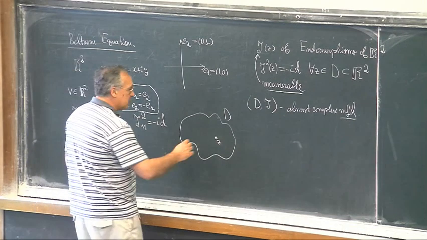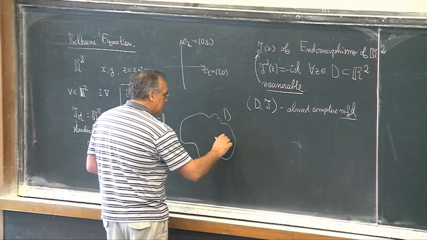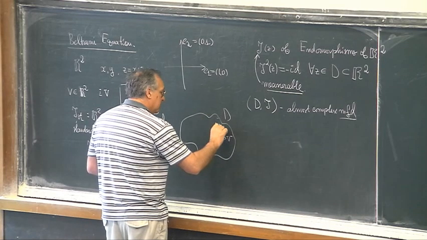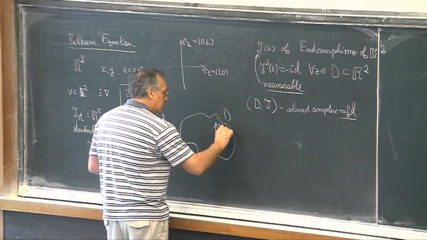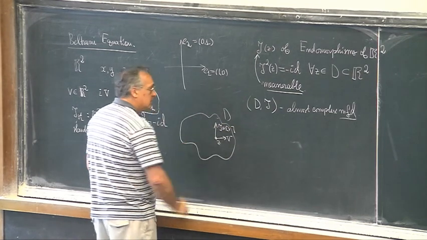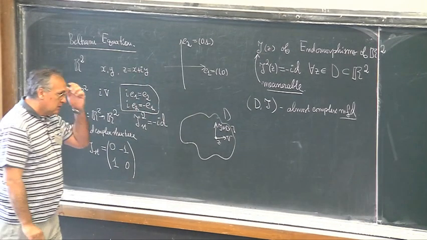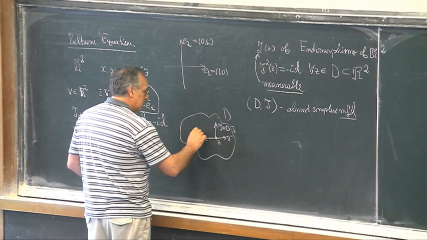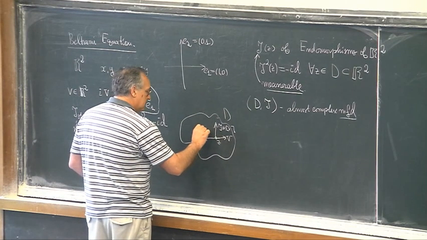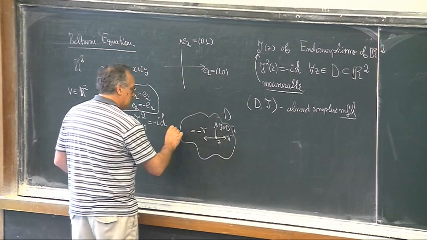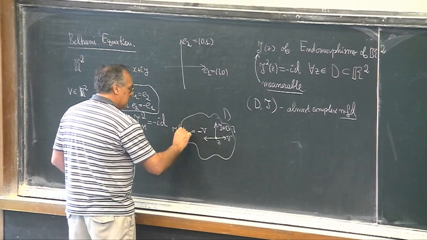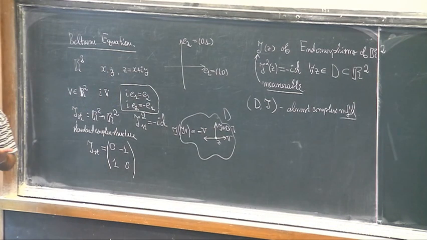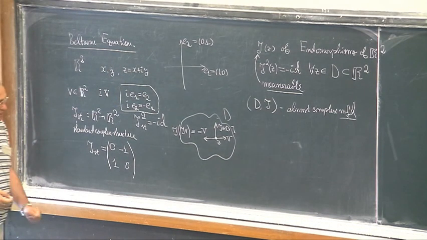That means that for every vector v we know what J at point z of v is, and J of J of v is minus v. So it's an operator in the tangent space which acts in this way.